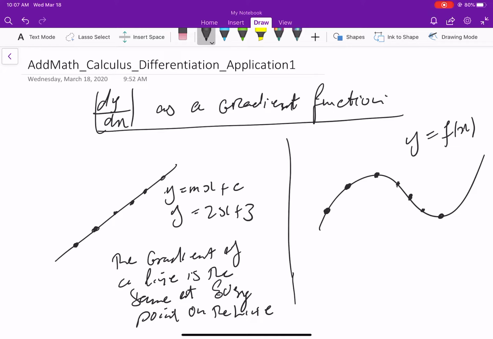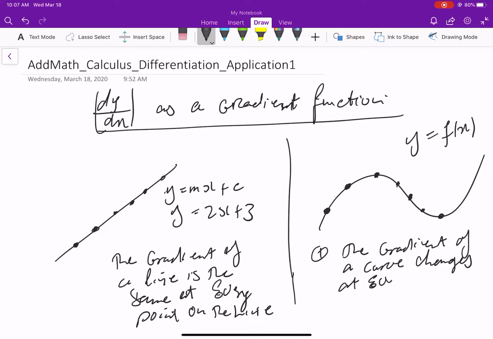So let's make that our first important point: the gradient of a curve changes at every point.